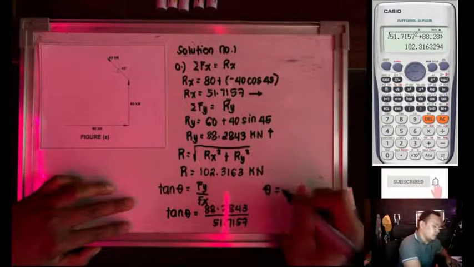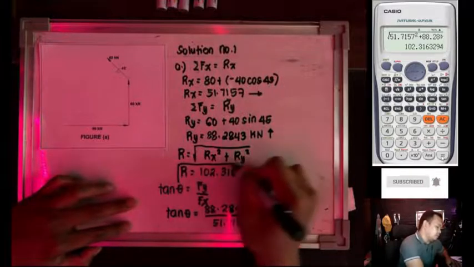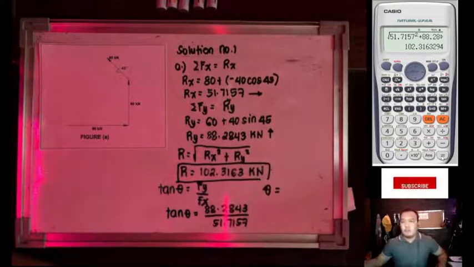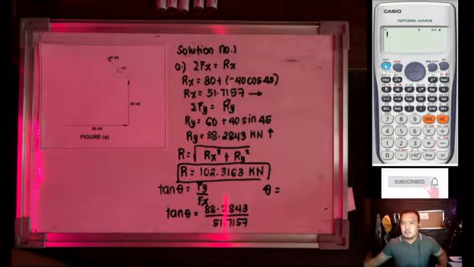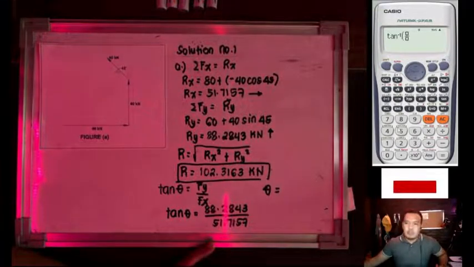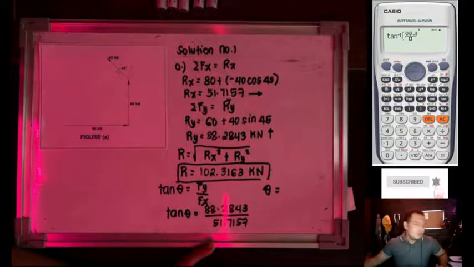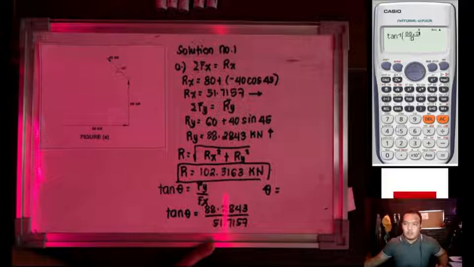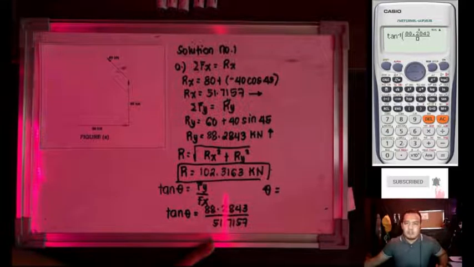Theta is equivalent to arctan of 88.2843 all over 51.7157.